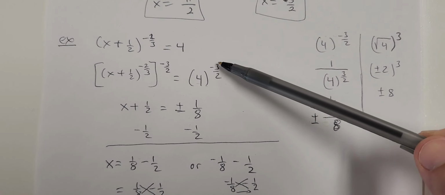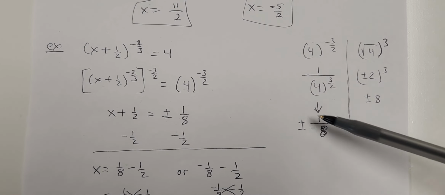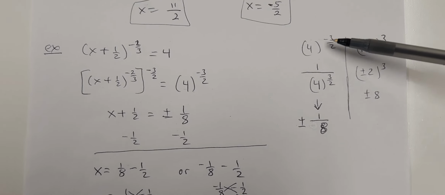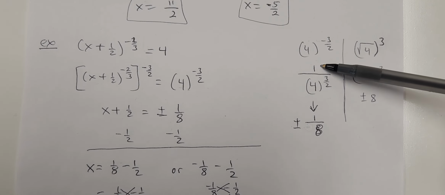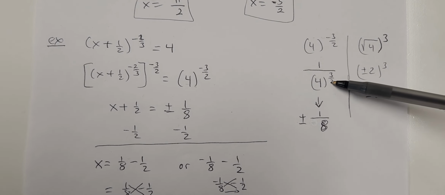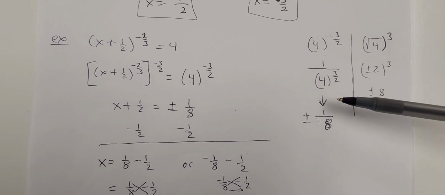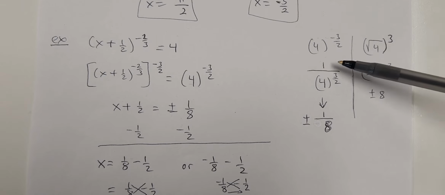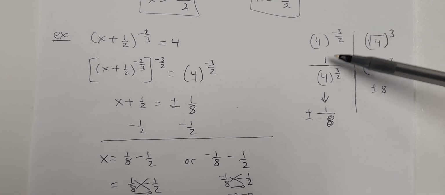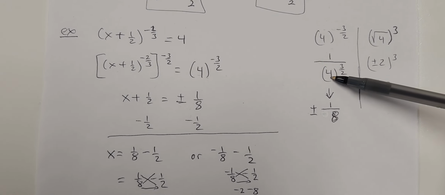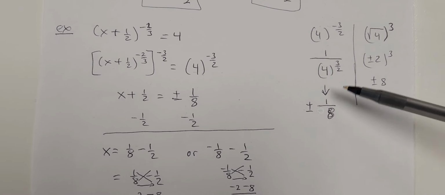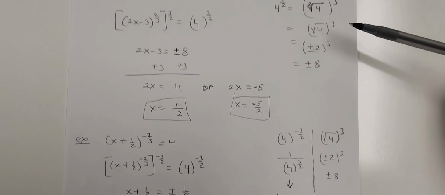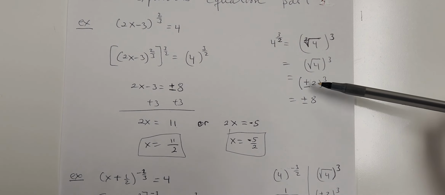Now 4 to the negative 3/2, the work is on the side right here. Since I have a negative power, you will rewrite it as 1 over the original problem and the negative goes away. One more time. When I have a negative power, I will write 1 over the original problem and the negative goes away. And then 4 to the 3 over 2, which I did earlier up here, is the same problem.